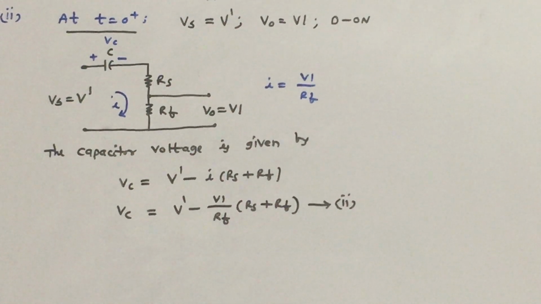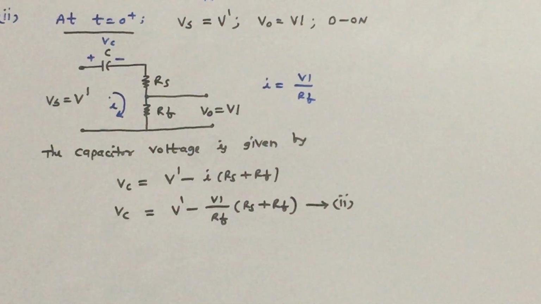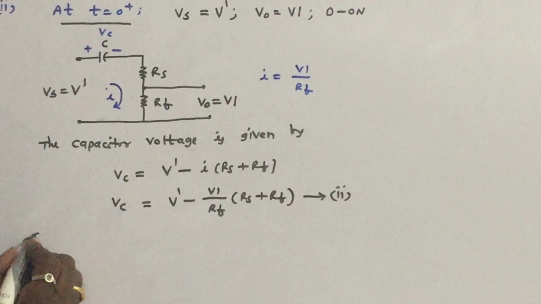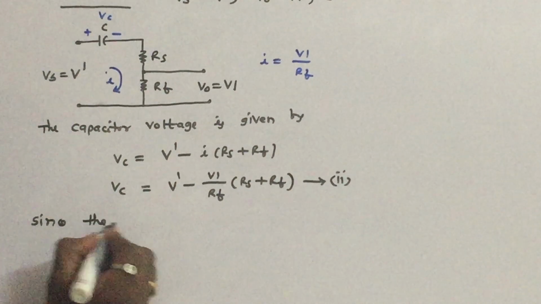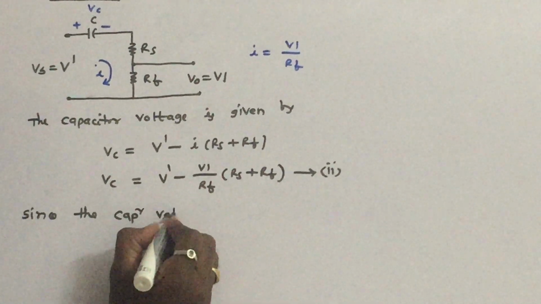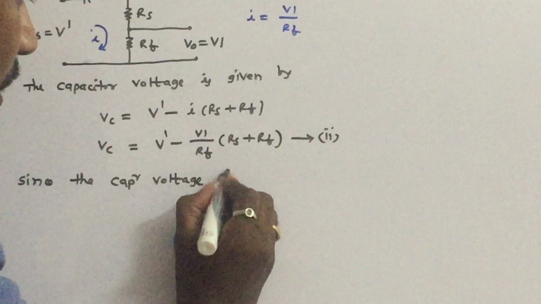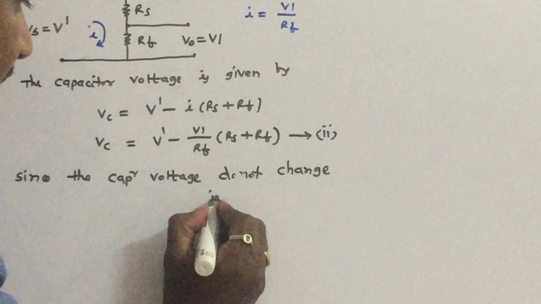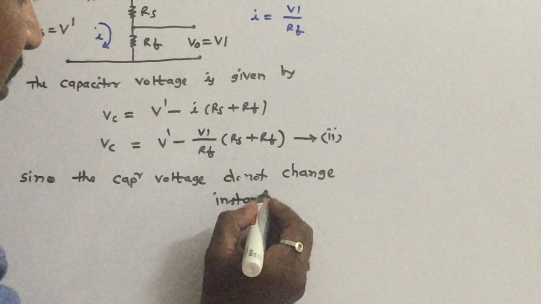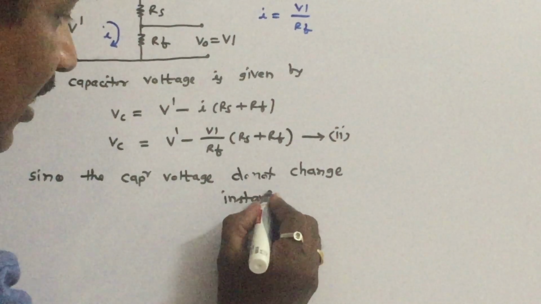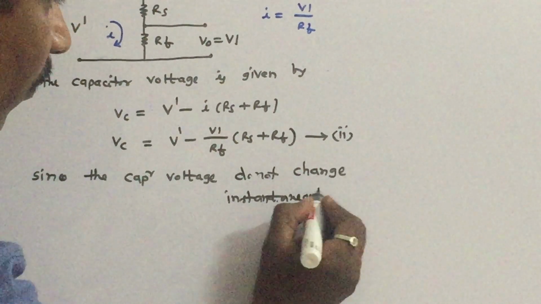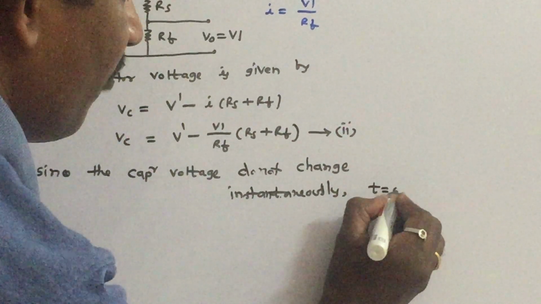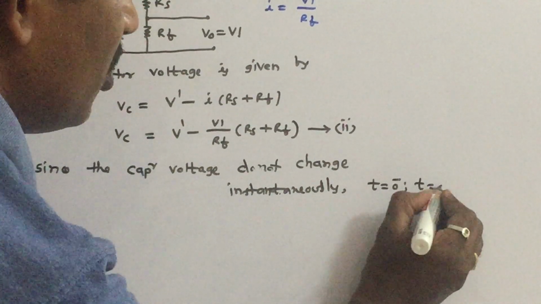So under steady state condition, since the capacitor voltage does not change instantaneously, that means the capacitor voltage will not change from t is equal to 0 minus to t is equal to 0 plus.